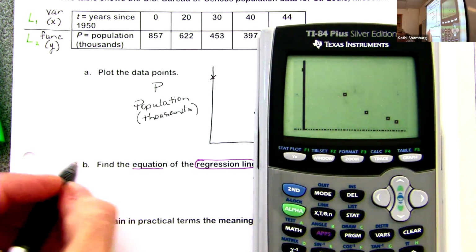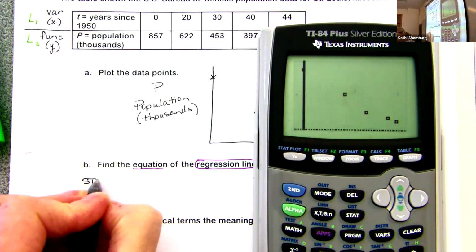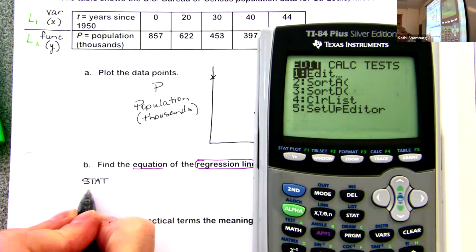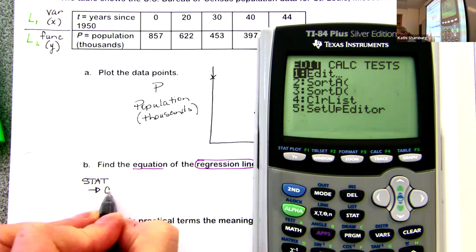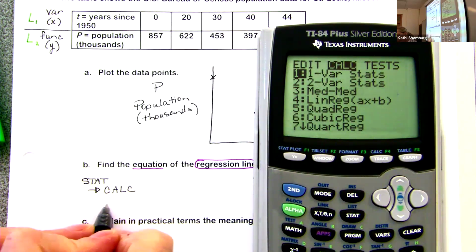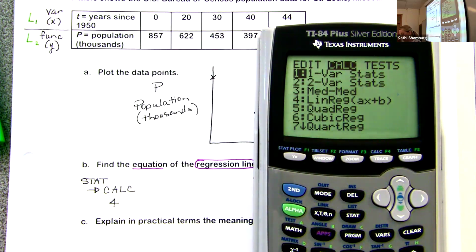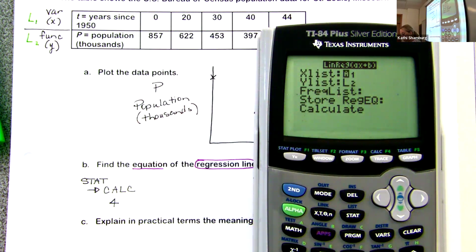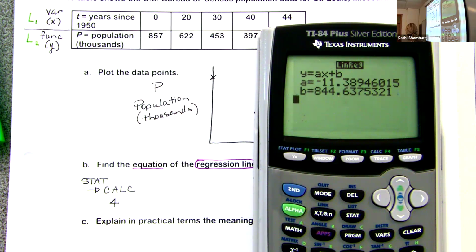Okay, so stat, which is here, and then you're going to right cursor over to calc. And then you're going to choose 4. And then be sure it says list 1 and list 2, and then just enter, calculate till you get to enter.